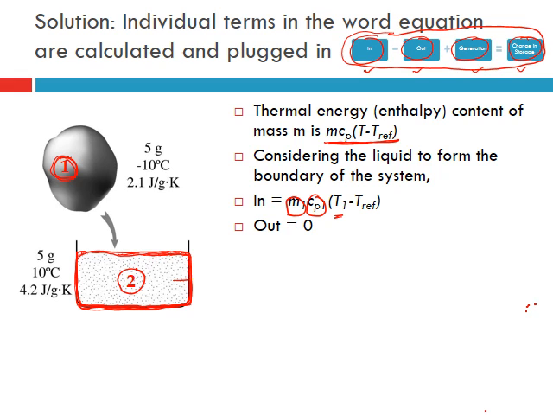So the system does not exchange any heat with the surroundings. So this boundary is kind of an insulated boundary. This is given in the problem. So then the heat out would be 0. And this is a simple system where a solid is just going into another liquid. There's no chemical reaction, nothing else is going on, so there is no energy generation.